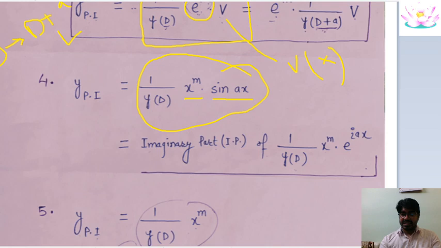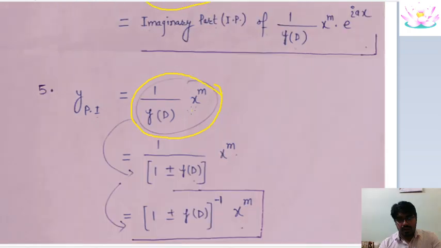Alright? The third formula is where only x with some power is given. This kind of thing can be deduced to the Taylor form. What is Taylor form? I think you know it.